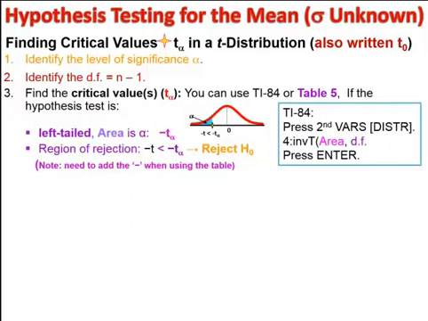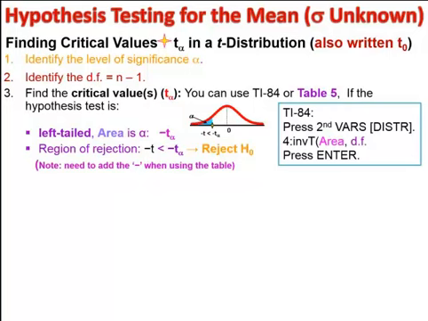If your hypothesis test is a left tail test, the area is alpha. You would look it up in the table, and you'll see none of the t values are negative, so you will have to put the negative sign with the t value that you found.